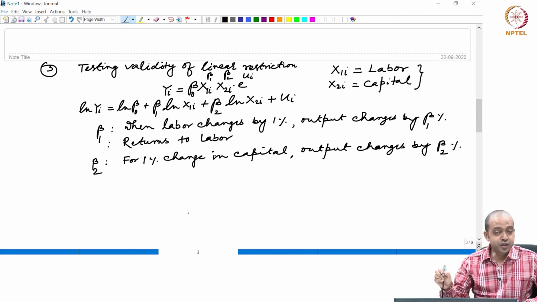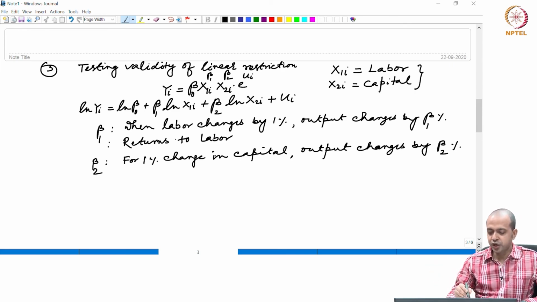Okay. But please do not forget to mention on an average and keeping the impact of other factors constant. So, when I am saying the interpretation of beta 1, when labor changes by 1%, output changes by beta 1%, keeping capital constant. Similarly, when capital changes by 1%, on an average output changes by beta 2%, keeping labor constant.